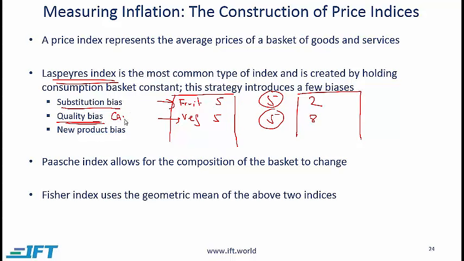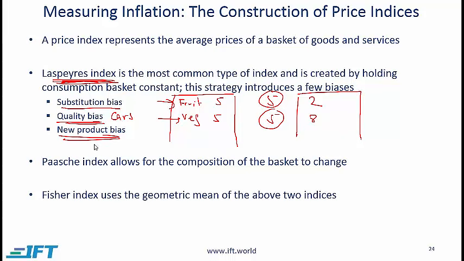If you take the example of cars, they are getting a little more expensive, but the quality is probably increasing more so than the increase in price. If we use a regular index which is based on a fixed basket, that does not capture the improvement in quality. It is only capturing the increase in price, and that again causes the index to be biased upwards.